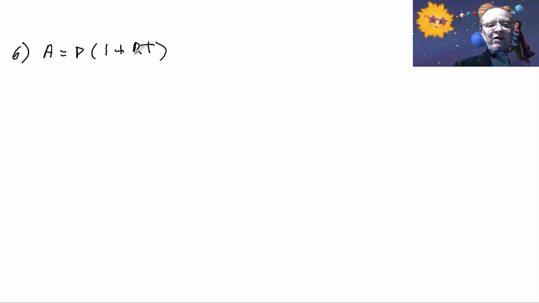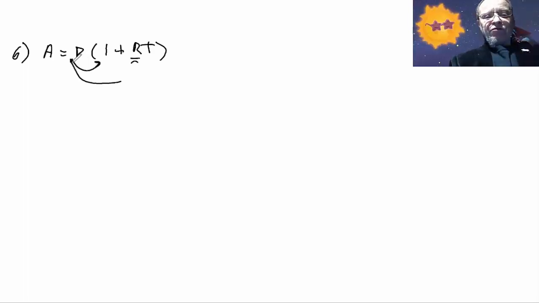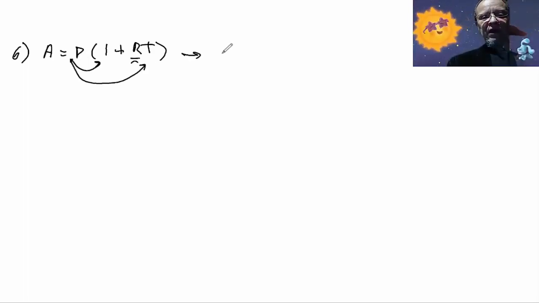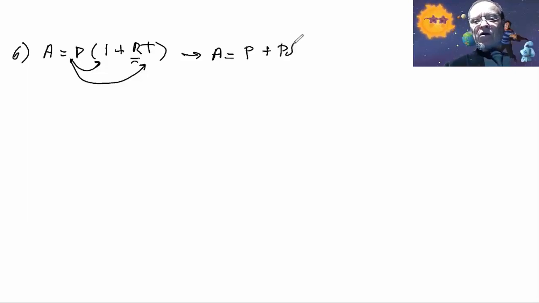And we're asked to solve for R. Well, R is trapped inside these brackets, and that's why there is the hint of the distributive law. So let's free up R and get it out of the brackets so that we could solve it algebraically. So I'm going to multiply through by P, and I will get A is equal to P plus PRT.